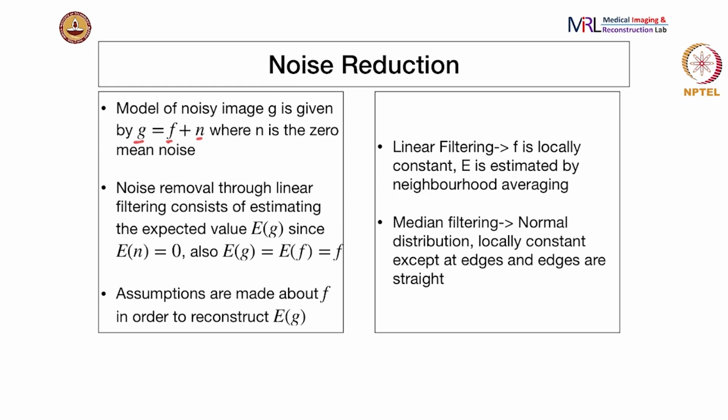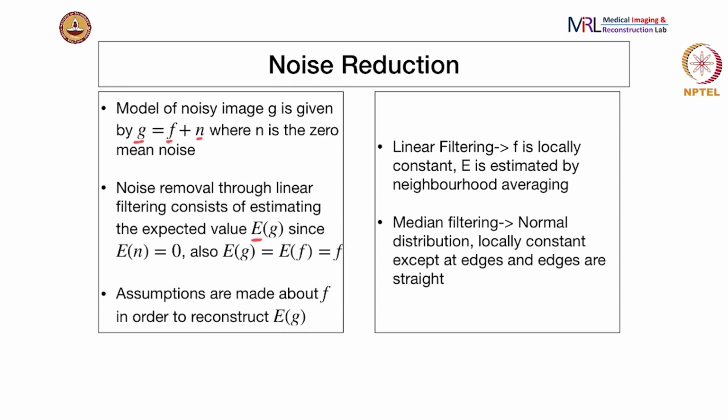And the first step we'll consider for noise removal is linear filters. The idea of noise removal through linear filtering is basically estimating the expected value, so what is the average G at every point?